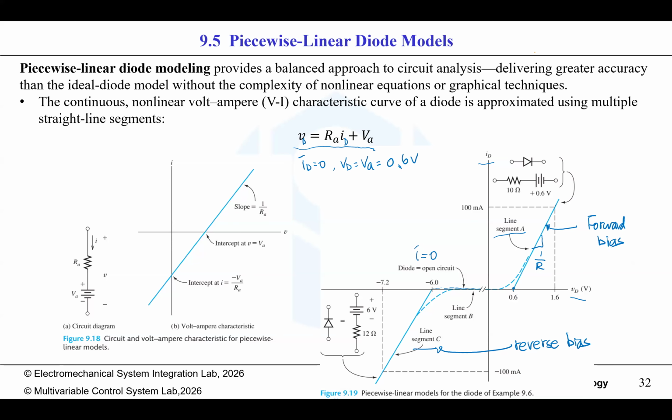And when VD is 0, ID equals minus VA divided by RA.